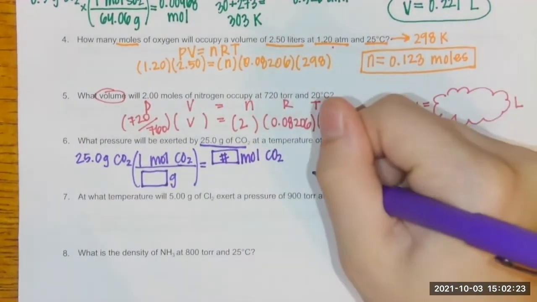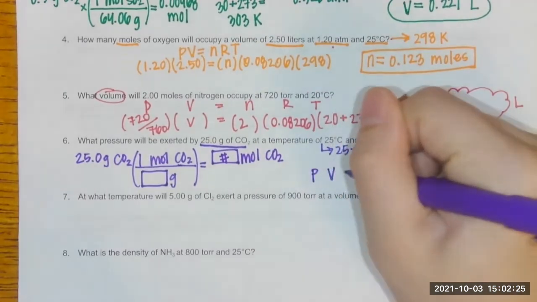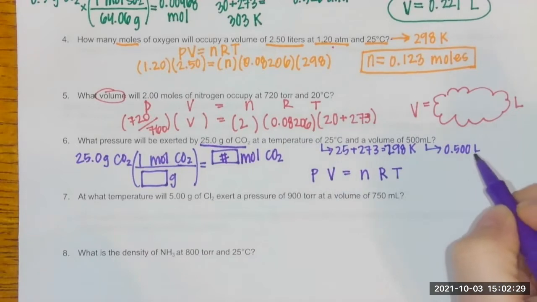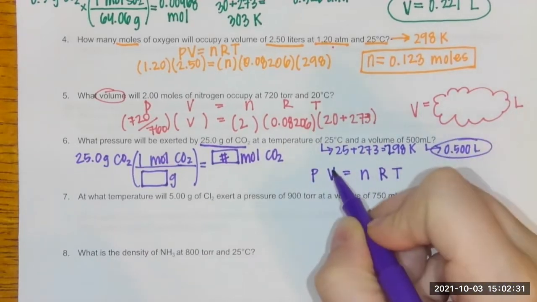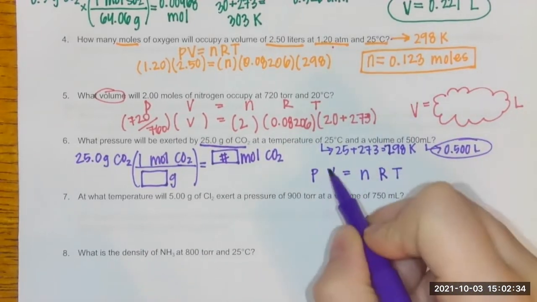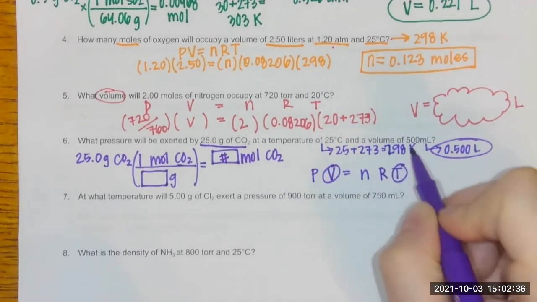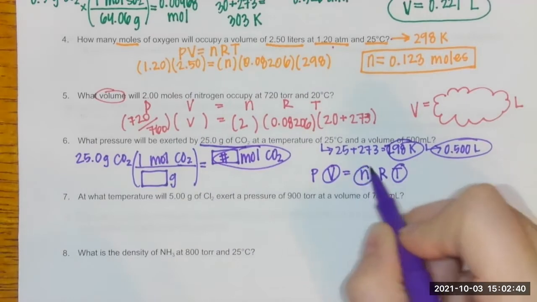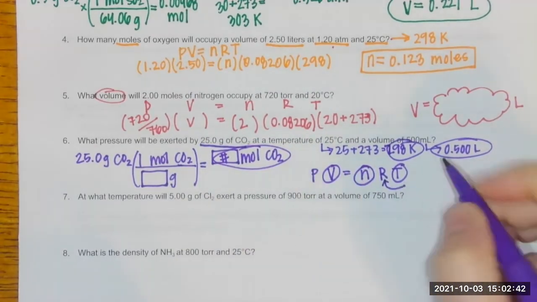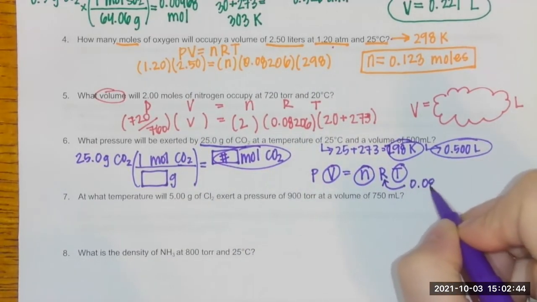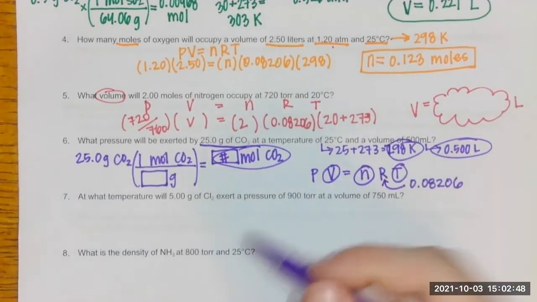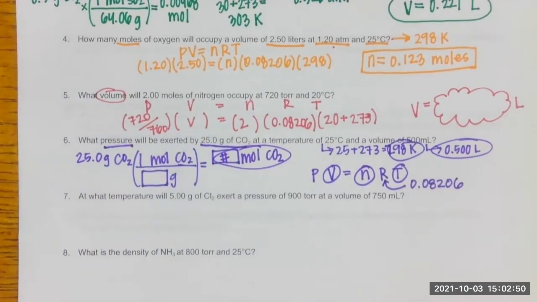Once you have that, PV equals nRT. You've got volume, you've got temperature, you'll have number of moles. R is always 0.08206. And you can solve for the pressure.